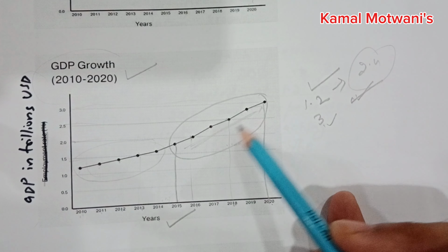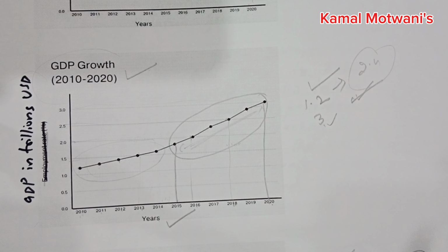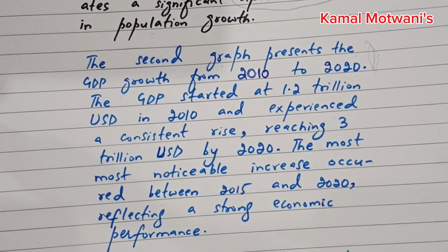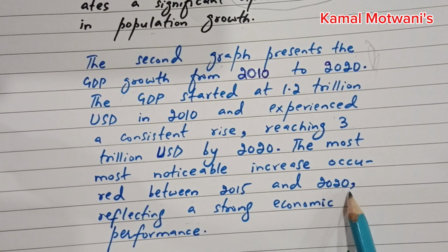So these are the major variations that we have to write. So that's what I have written. The most noticeable increase occurred between 2015 and 2020, reflecting a strong economic performance, because GDP is related to economic performance.